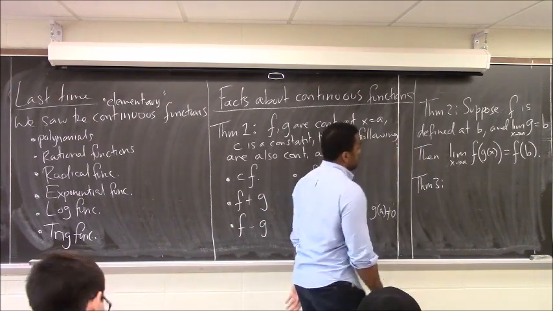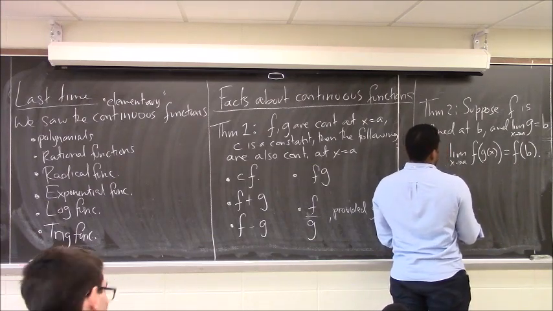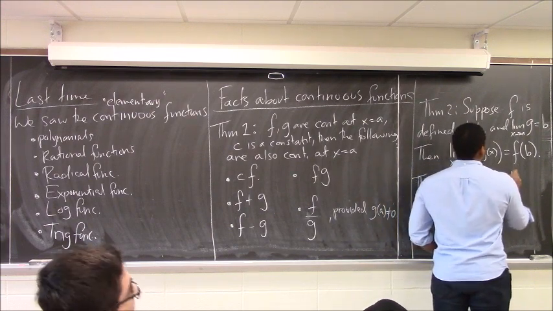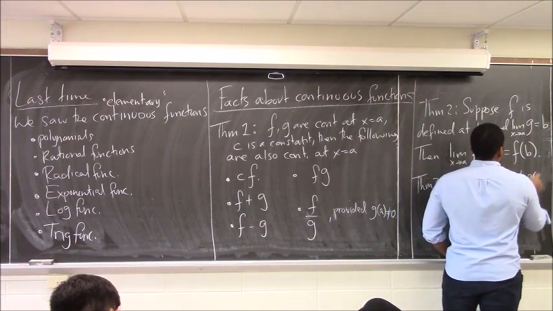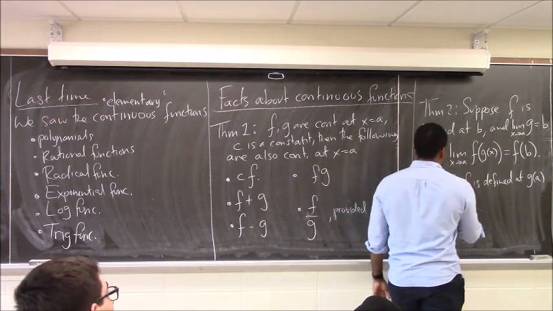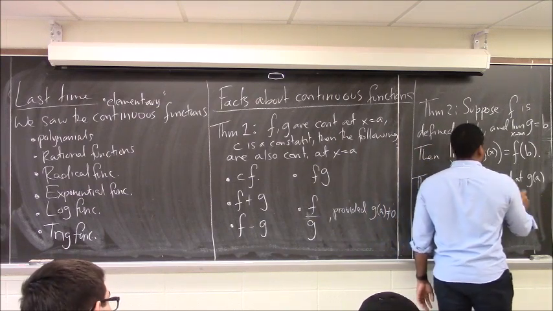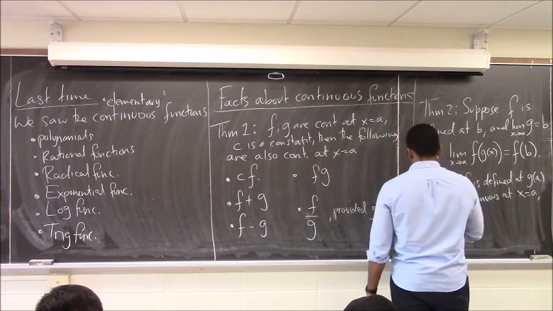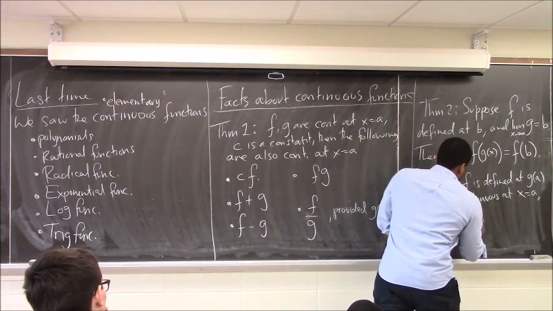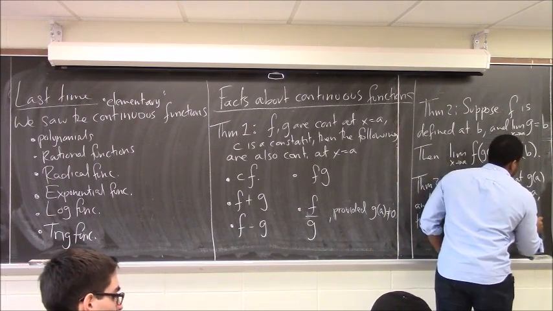Let's talk about theorem 3. And this basically says if f is defined at g of a and g is continuous at x equals a, then f of g of x is continuous at x equals a.